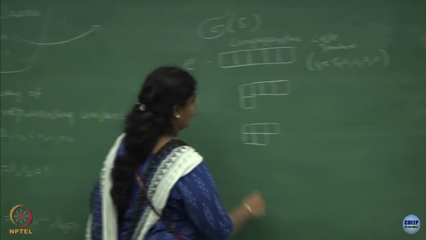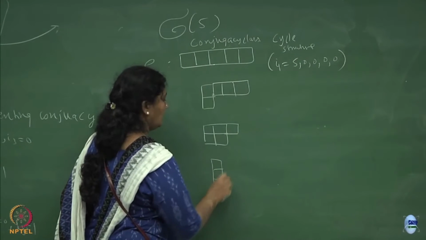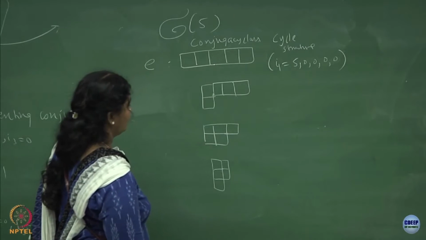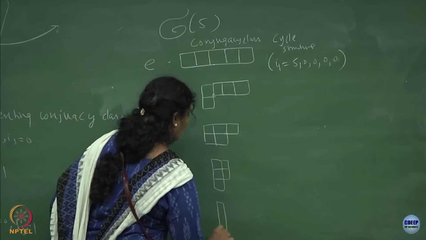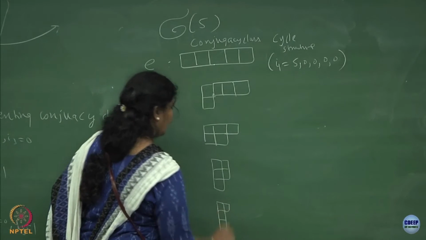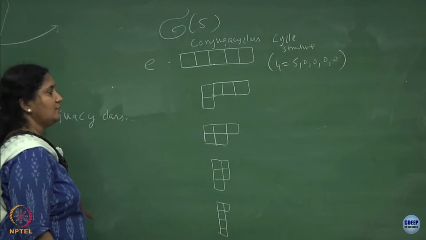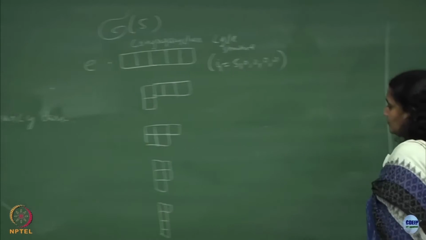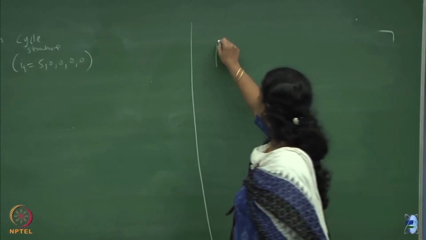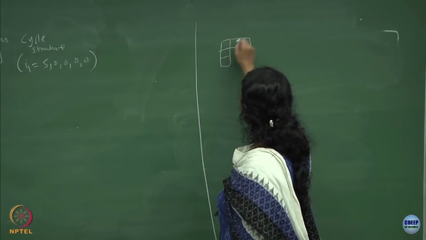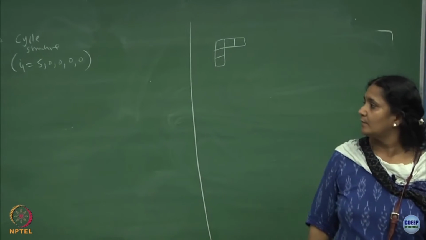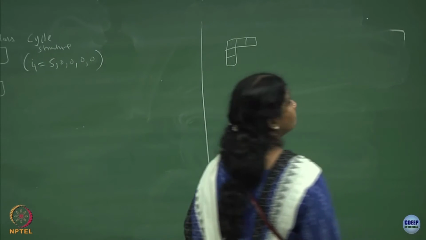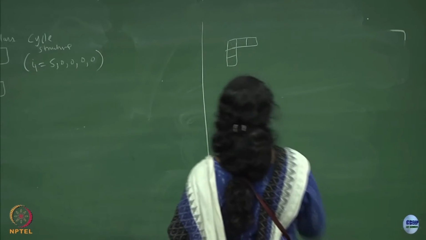And then 1 3 cycle and 1 2 cycle. Then 1 4 cycle, and then one 3 cycle, 2 1 cycles, that is it. Something more? 1 5 cycle.